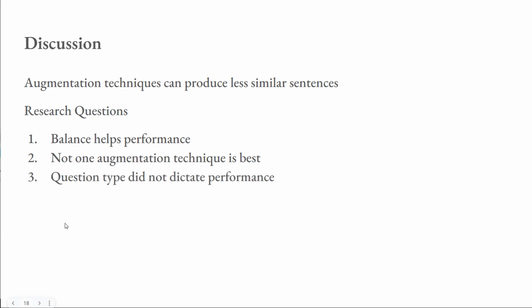And question 3, sentence type, did not seem to predict model performance. Hypothesis 3, which states fact-based concepts would have a different performance than causal reasoning-based concepts, was not supported. Hypothesis 4, which proposed that augmenting from a class with very few examples would hurt performance, was not supported either.